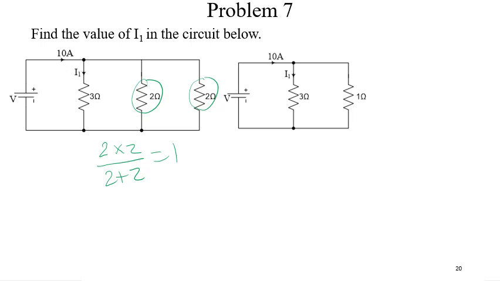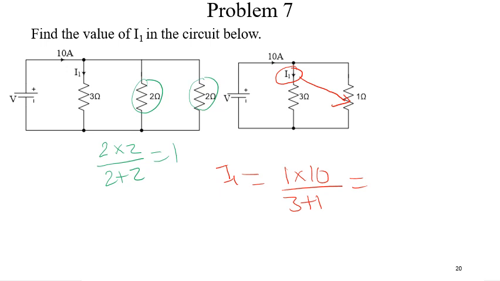So how do we find I1? I1 is the opposite resistor multiplied by the total current, which is 1 times 10 all over the sum of the resistors, which is 3 plus 1.